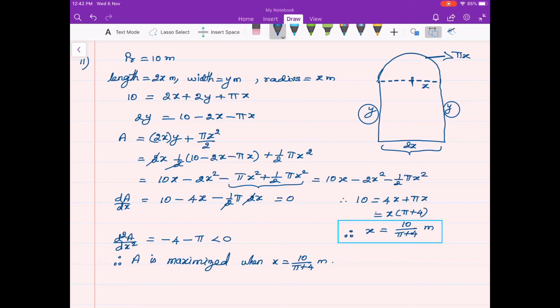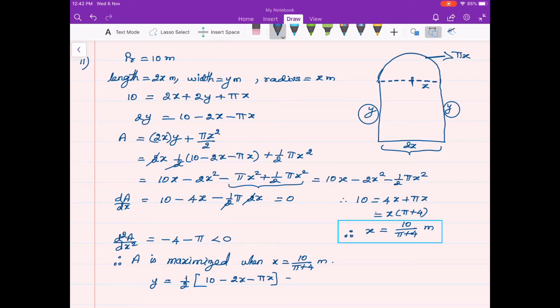After completing the second derivative, see the question. Find the dimensions of the window. The dimensions of the window are length, breadth and the radius. So, let us write all three dimensions. We will find the breadth, which is y. y is half of 10 minus 2x minus πx.